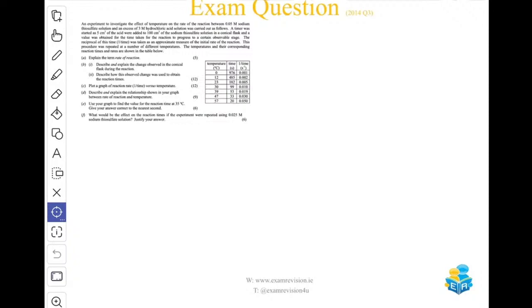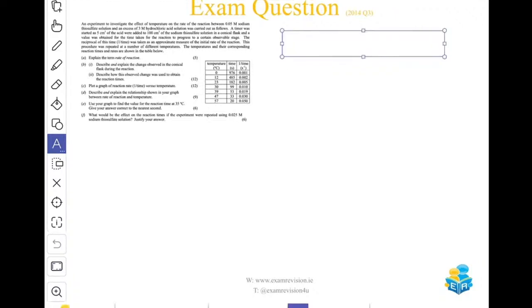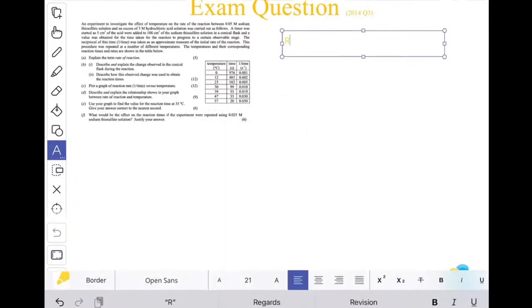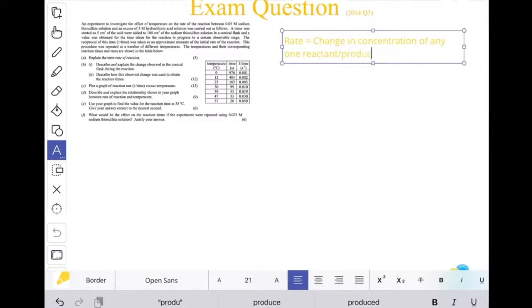So the first thing to do is they ask you to define the rate of the reaction. So to define the rate of the reaction, we know that the rate of reaction is equal to the change in concentration of any one reactant or product per unit time. So that is part A completed.